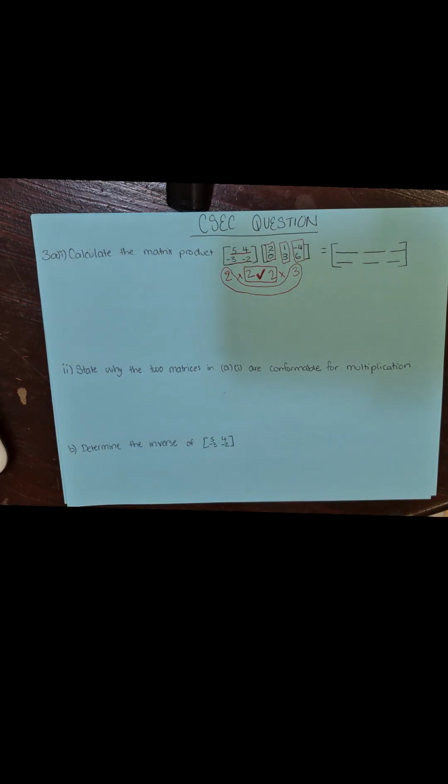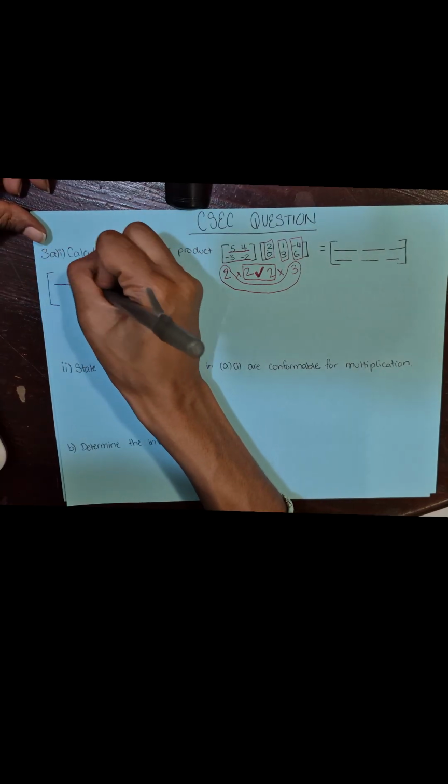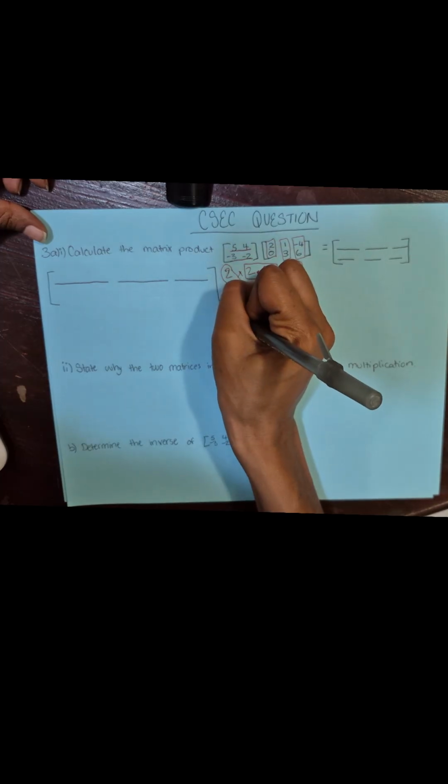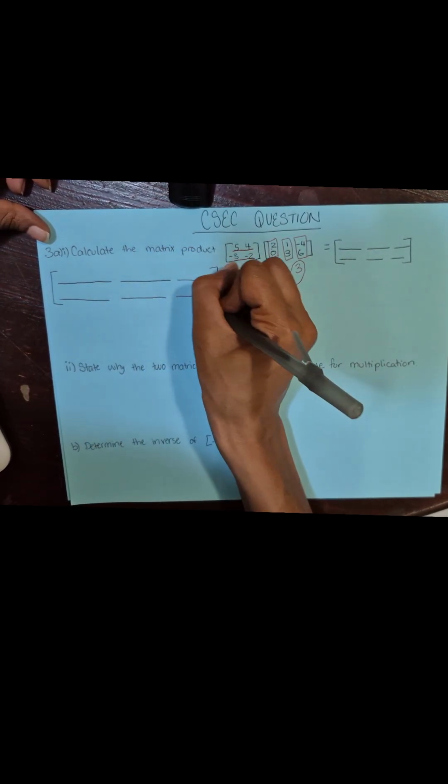Now let's make a bigger answer matrix because we know our matrix multiplication workings are quite long. So that means we need a longer line, longer line, longer line. It's going to be a 2 by 3 matrix.